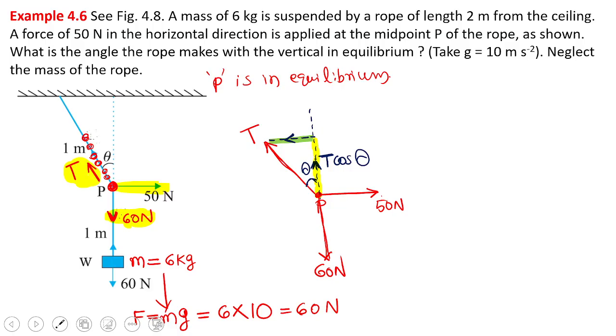It is F sin theta or T sin theta. As per triangle of addition, this T is the resultant of T cos theta upward and T sin theta left side. If somebody acts T cos theta upward and T sin theta towards left, the net force will be T. So you look at this diagram.